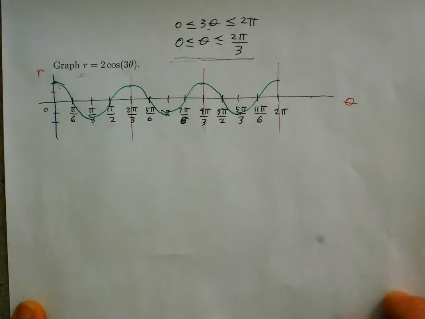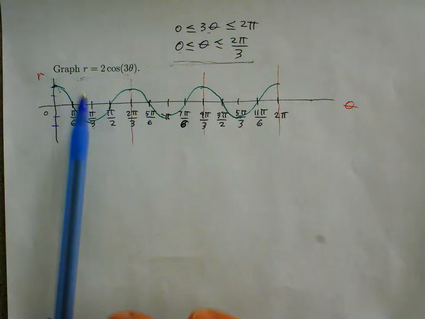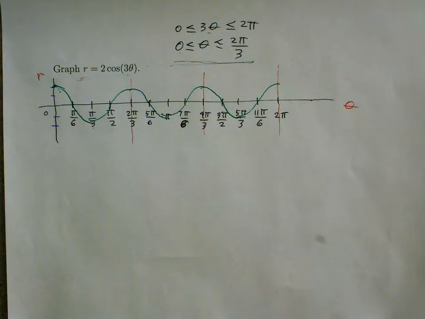Okay, so last time we were getting a graph of this polar curve, r equals 2 times cosine of 3 theta.